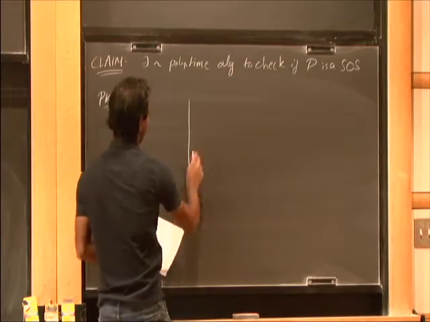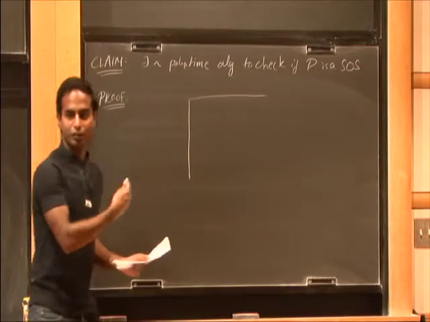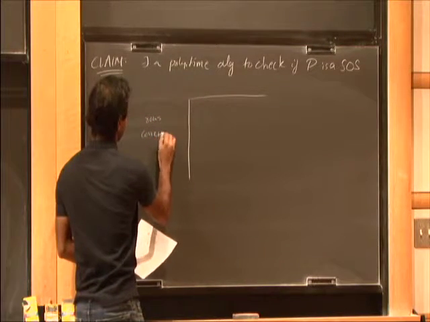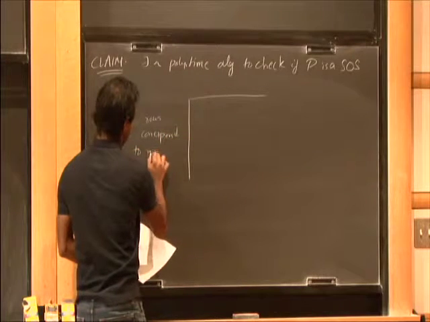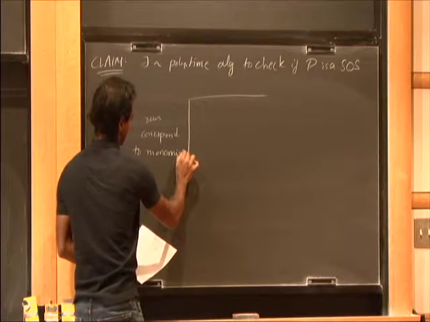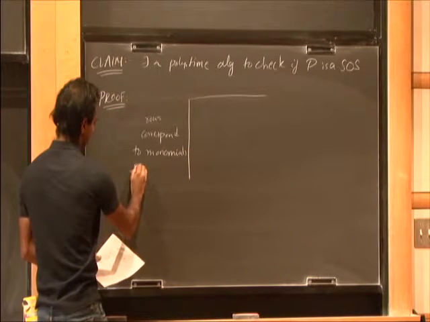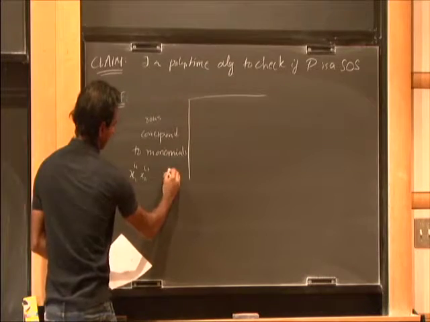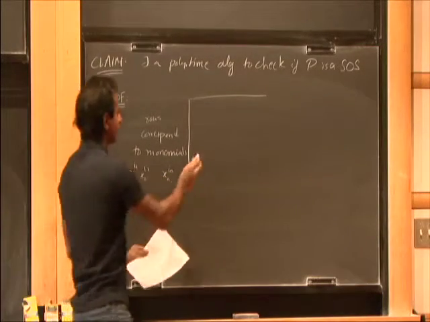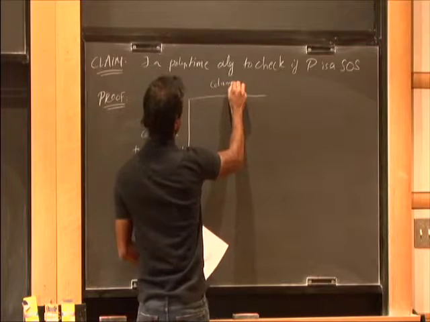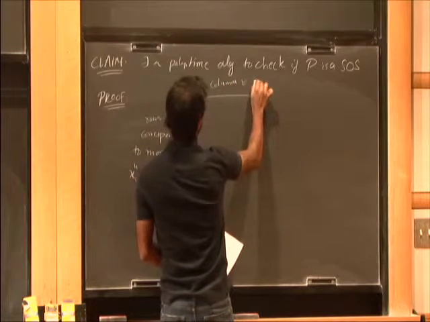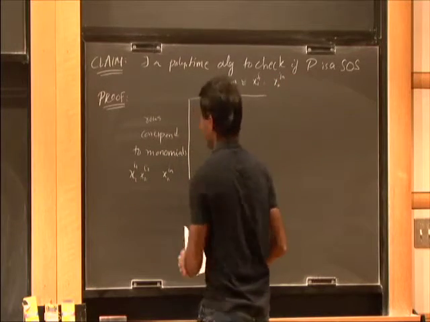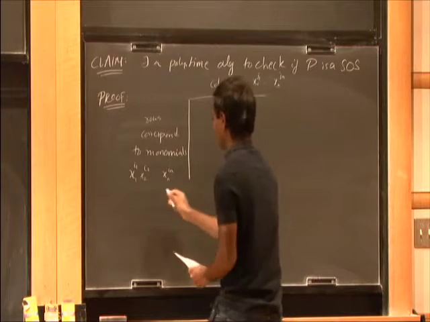so let's form this matrix. Given P, we're going to form a matrix where rows correspond to monomials, that is, expressions of the form x1 to the i1, x2 to the i2, and so on to xn to the in. Columns also correspond to monomials.